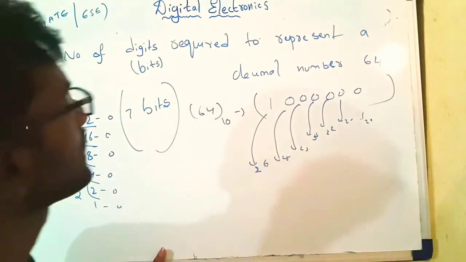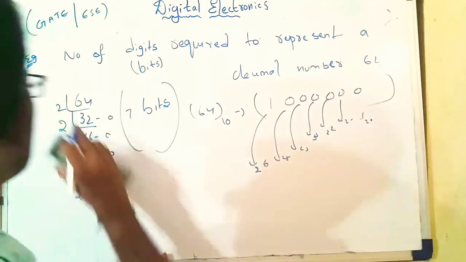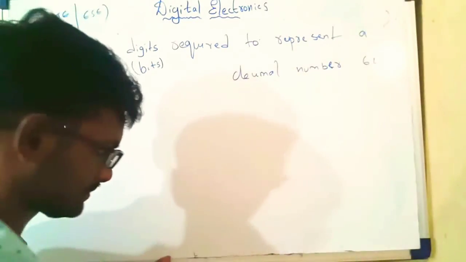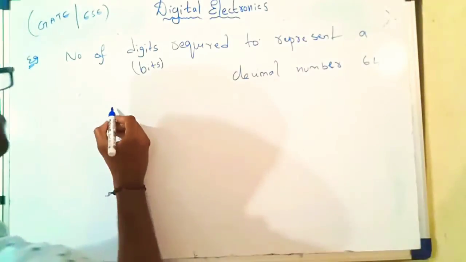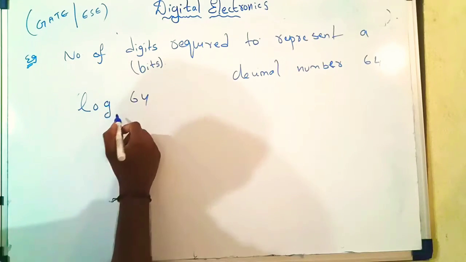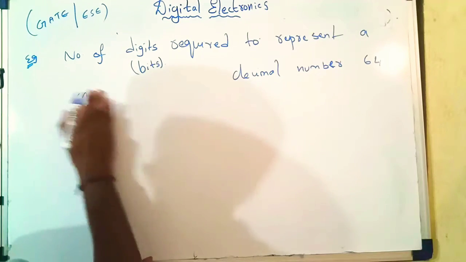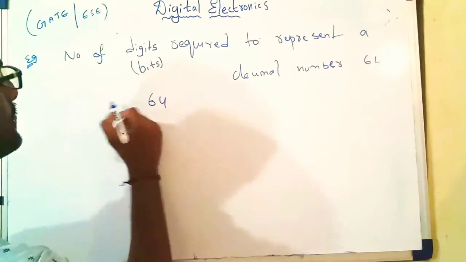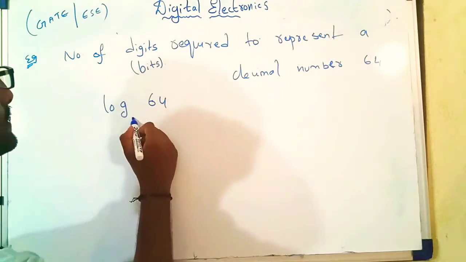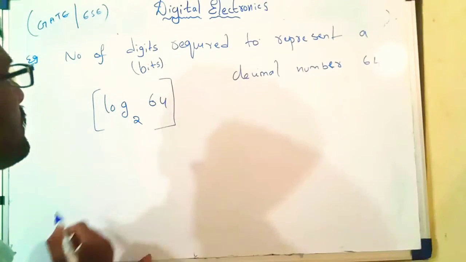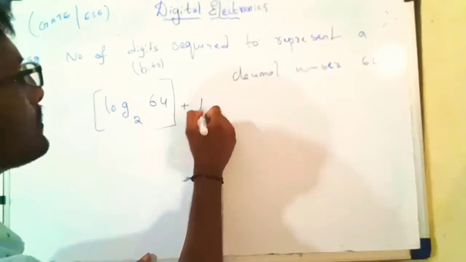This we can also calculate in another way. Here the decimal number is 64. Take log to the base 2. Take the integer value of log 64 base 2, plus 1.